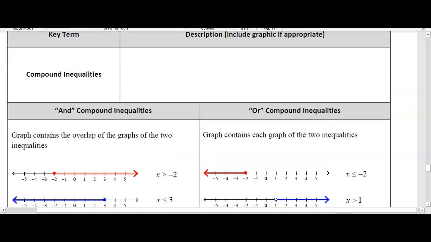So we're switching gears to something called compound inequalities.